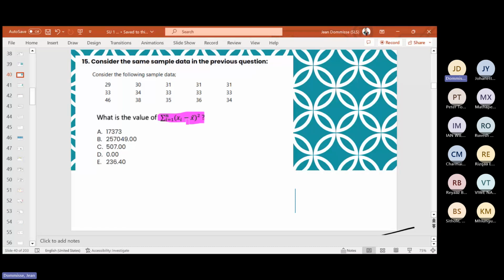So I need to say my X value minus the mean.